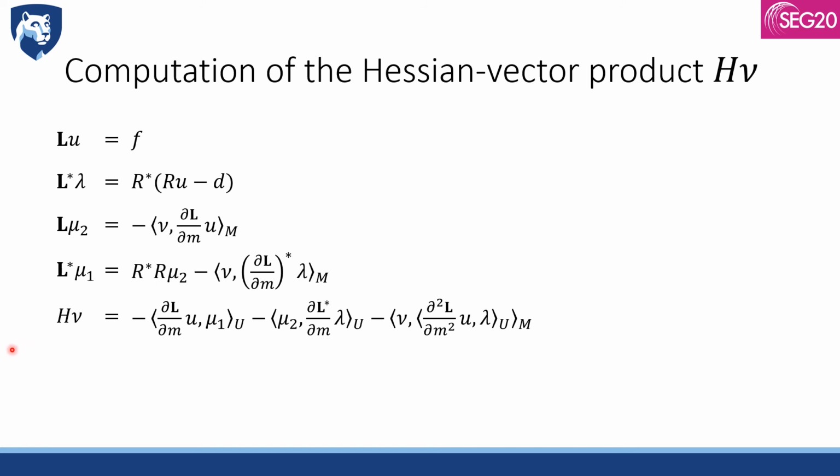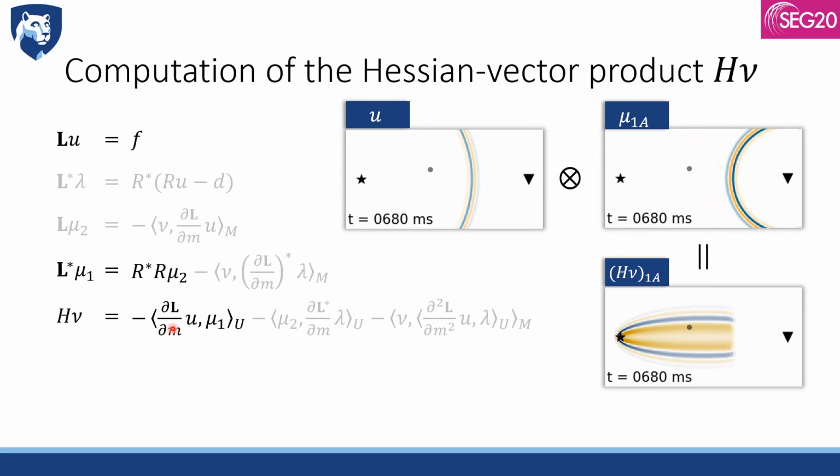Next, the Hessian vector product H nu is made up of 3 wavefield interactions. We call them H nu1, H nu2, and H nu3 respectively. The first one is the interaction between U and mu1. We first consider part A of mu1. So U propagates from the source and mu1A shrinks to the receiver.